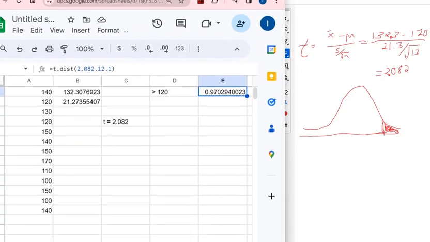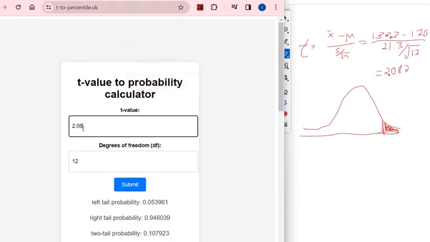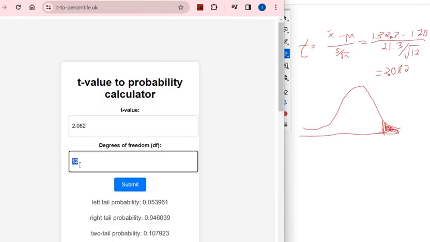You could also use an online calculator. Full disclosure, this is my website, t-2.percentile.uk. I'm double checking myself because I was hesitating on that Excel function. Here's my t-value, and then degrees of freedom is 12. Okay, so I should get, is my website wrong?